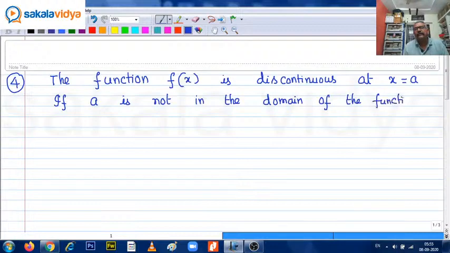This is a very important point. The points which do not belong to the domain are called points of discontinuity. Here a is the point of discontinuity for this function. If f of x is discontinuous at x is equal to a, then a is not in the domain of the function.